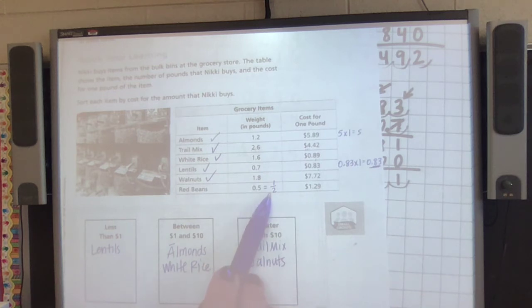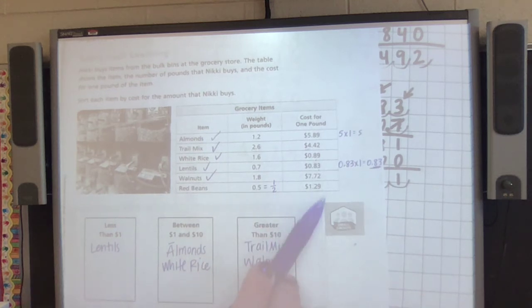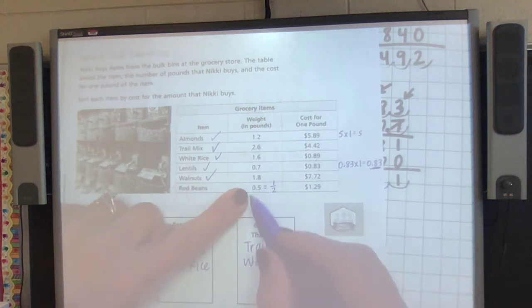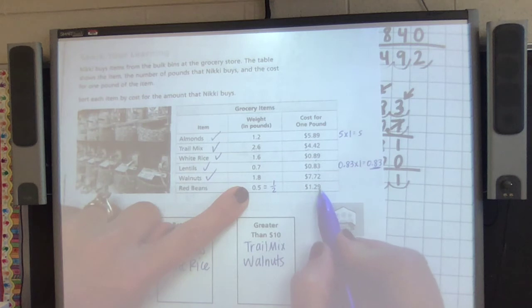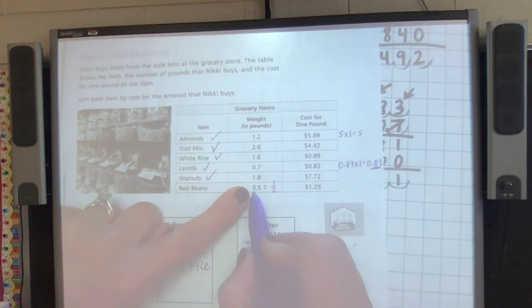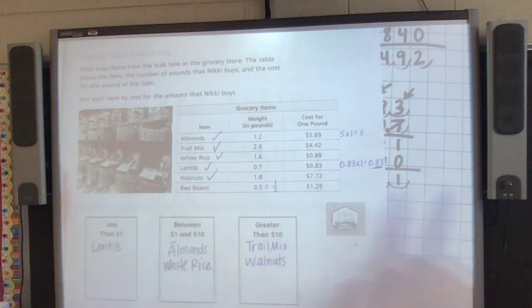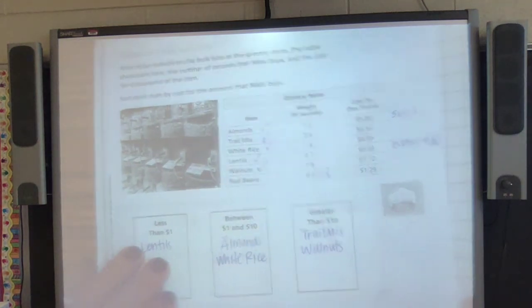Actually, I bought half. So this number is going to have to be cut in half because it's half of $1.29. I hope that's making sense to y'all. If this had been 1, it'd be $1.29, but I'm getting less than 1, so I'm going to have something less than $1.29. My prediction's right here for the red beans.